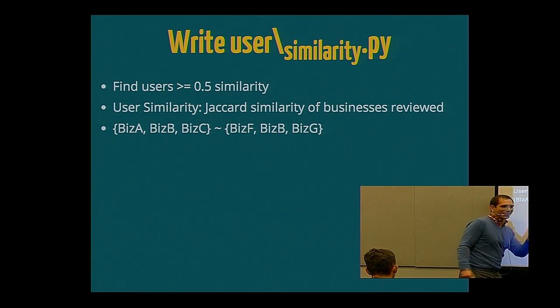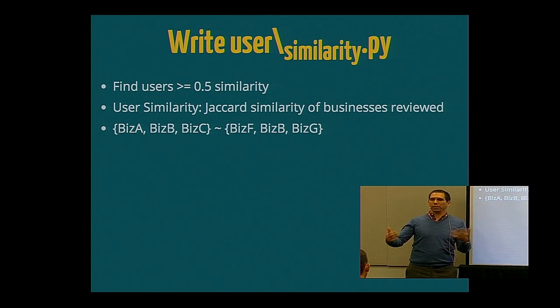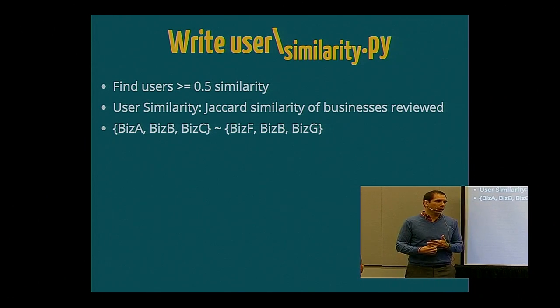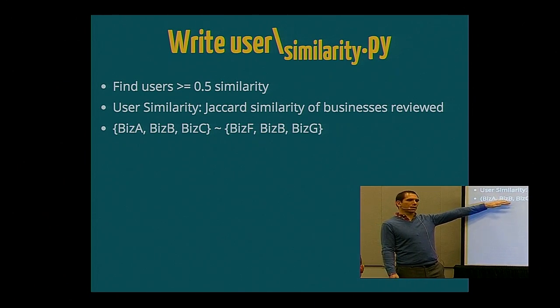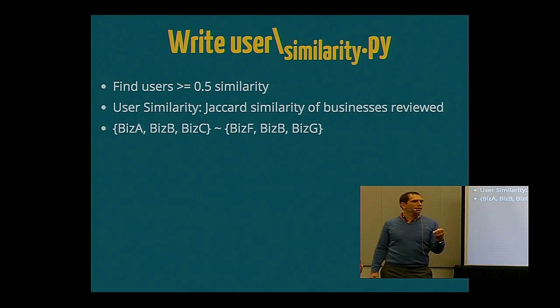I'll take that as a no. So we have this concept of a user, right? That concept is a user ID and a list of businesses they've reviewed. And we need a list of users to compare, basically.